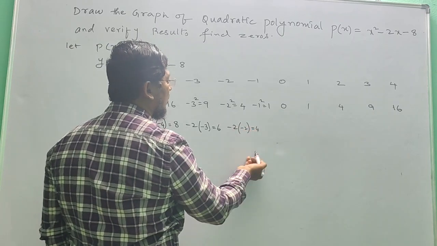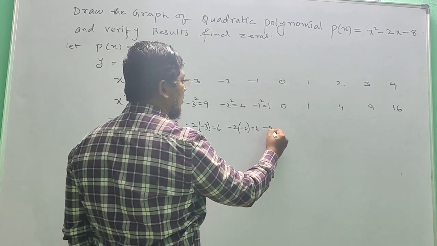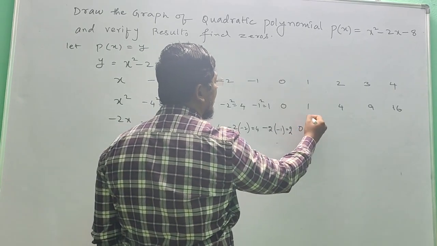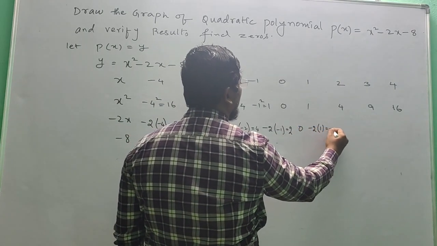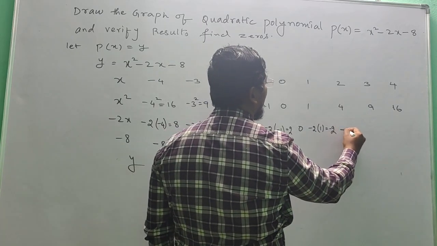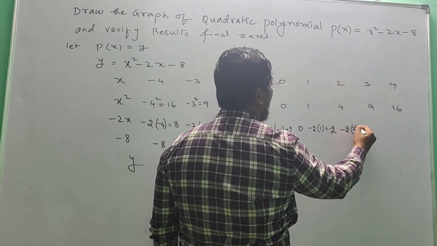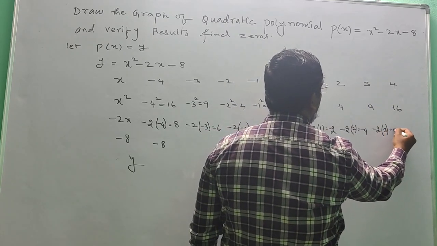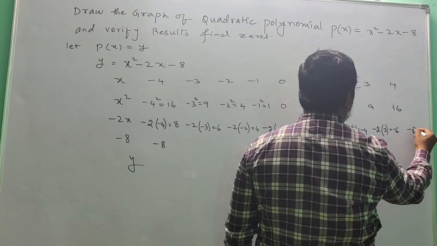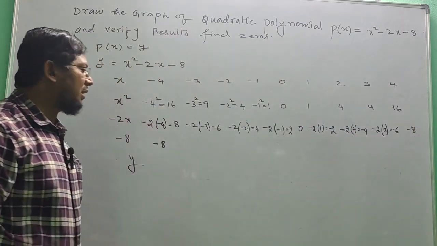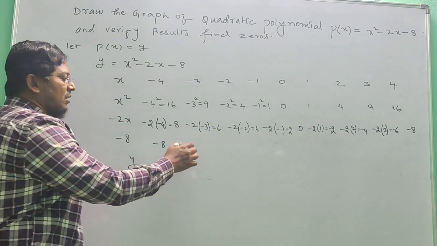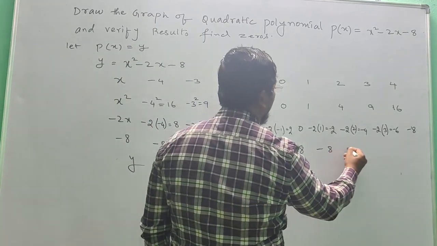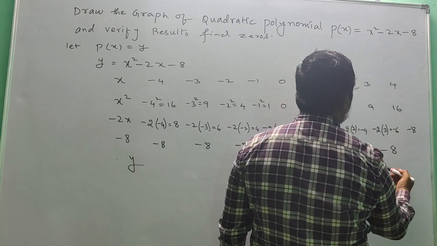Minus 2 into 0 is 0. Minus 2 into 1 is minus 2. Minus 2 into 2 is minus 4. Minus 2 into 3 is minus 6, and minus 2 into 4 is minus 8. The constant does not change, so in all cases we write the same minus 8.